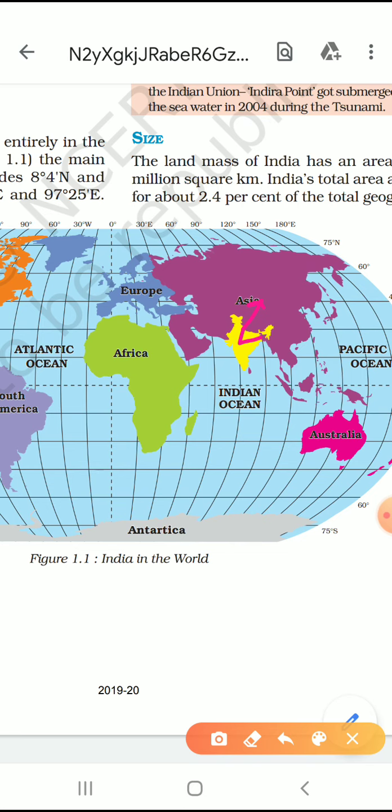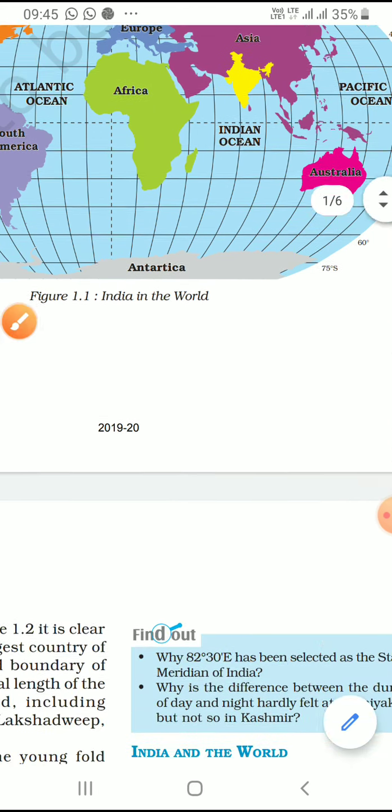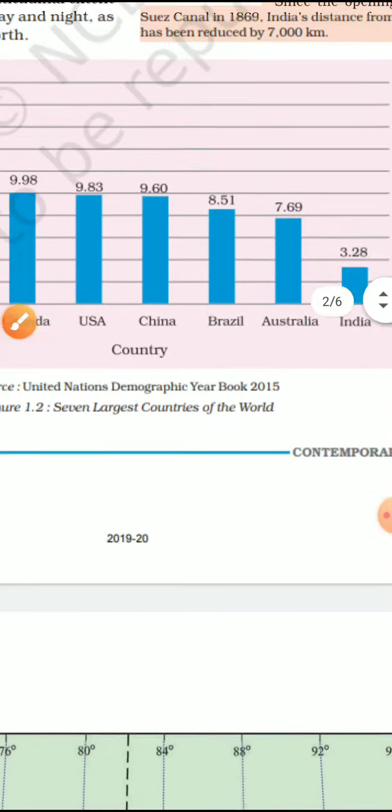The ideas of Upanishads, Ramayana, Panchtantra, Indian numerals, decimal system, they could reach all throughout the world because of land routes through India. Okay, so now again you move back to the map of India.